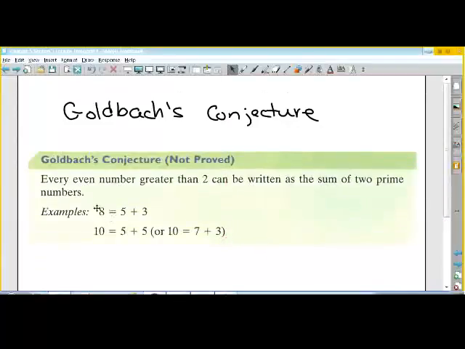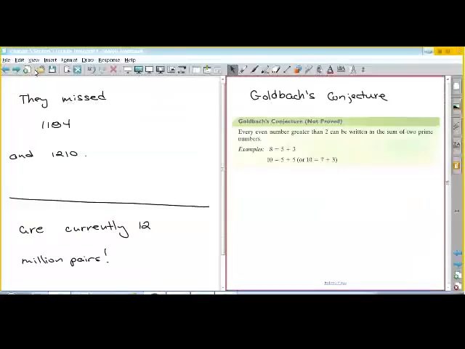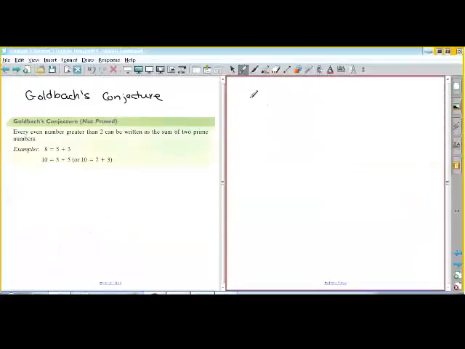Every even number greater than 2 can be written as the sum of 2 prime numbers. So here's an example. 8, which is even, is 5 plus 3. 10, which is an even number, is 5 plus 5. So let's just look at a couple of examples of where that's true.